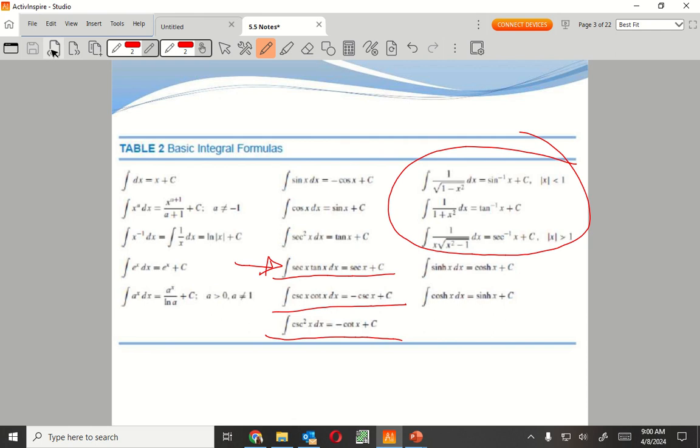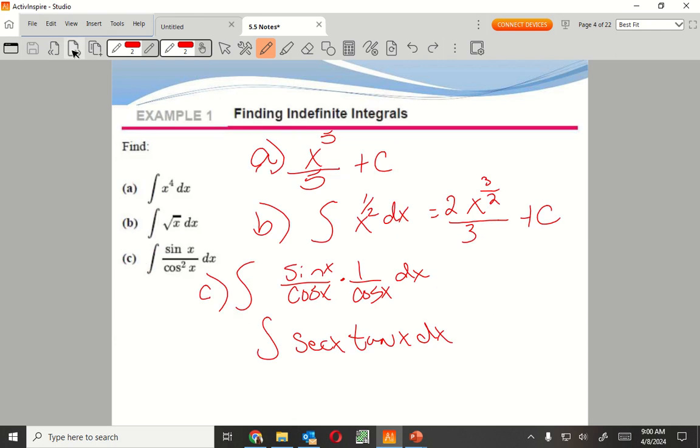If you remember the derivative, the derivative of secant is secant tangent, so we're going back and forth on that one. So that's going to give me secant x plus c. Yes, no, maybe? Okay.